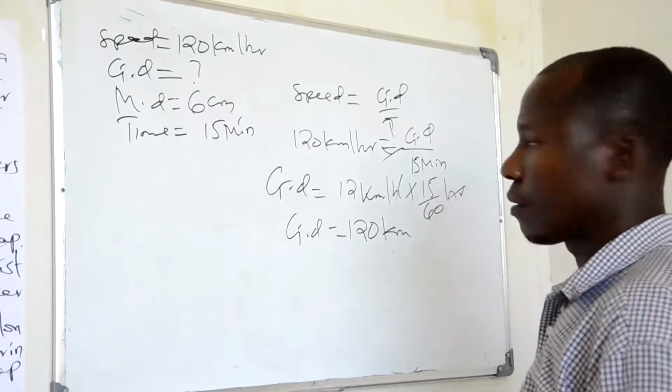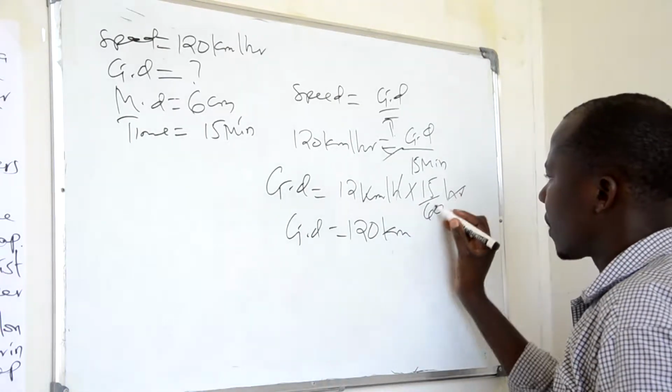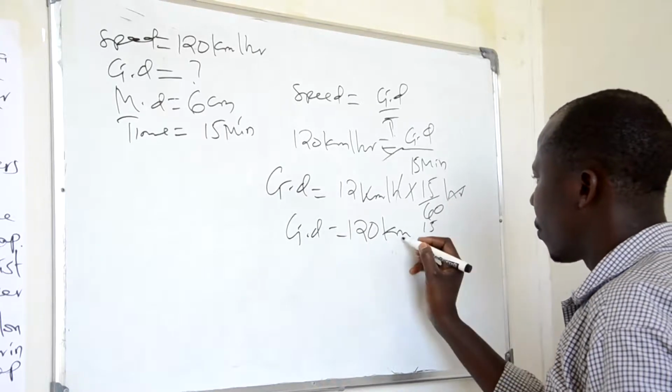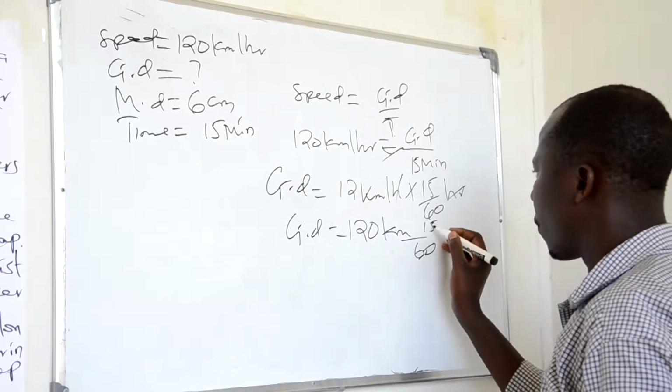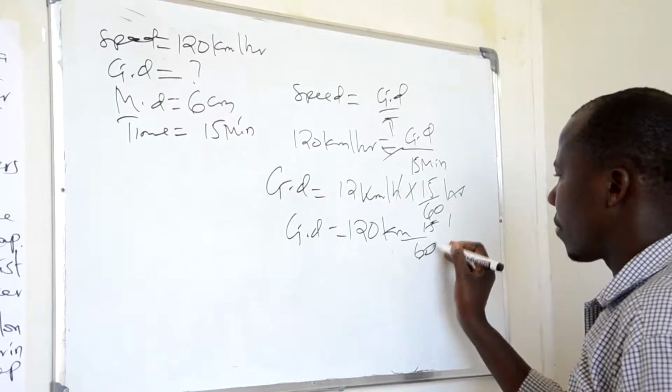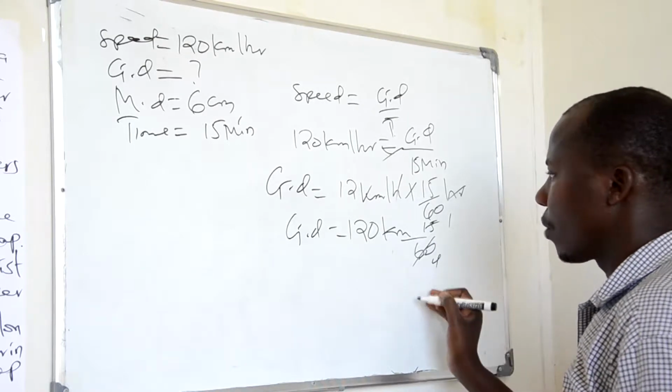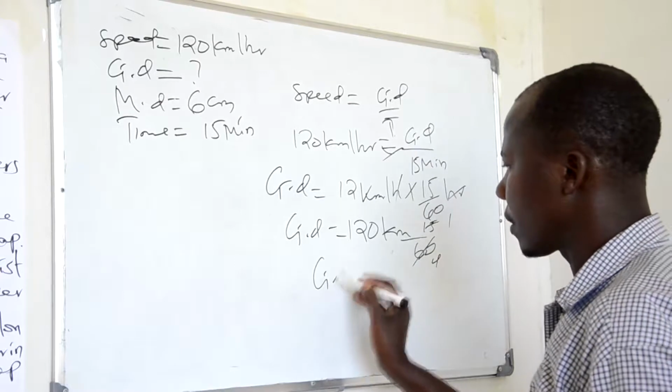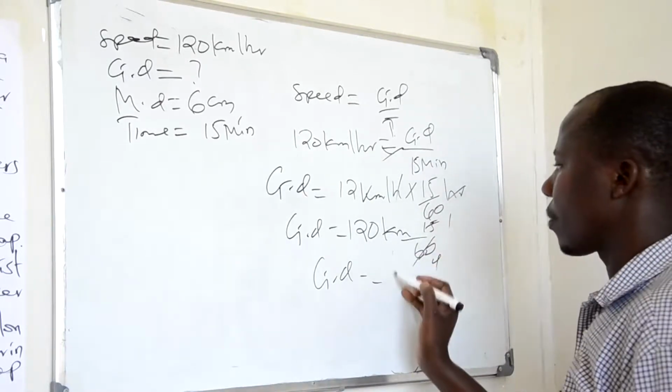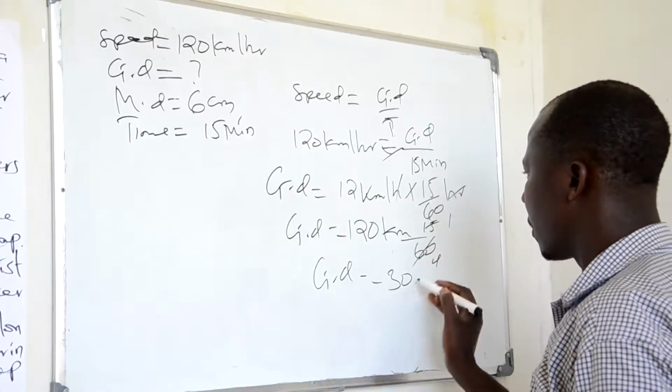Therefore, this 15 and 60: by 15 is 1, by 15 is 4. Therefore, ground distance is equal, you divide here, you obtain 30 kilometers.